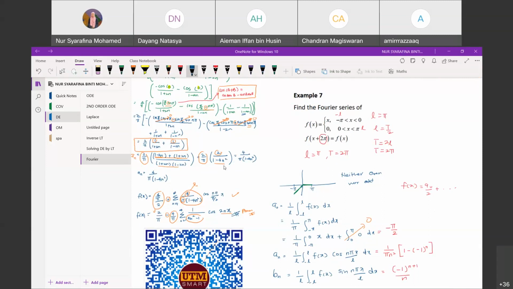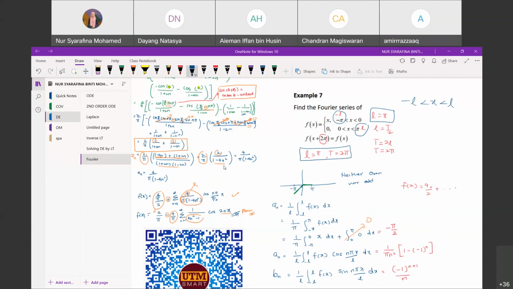Remember, your periodic function is always given from the range of minus L to L. Even though it is a piecewise function, it should start with your minus L and end with L. So this is your negative L, this is your L. So your L equals pi, and you know that L is T over 2, then T equals 2 pi. So exactly T equals pi from here. This is the most important step before you can start with finding the Fourier series.